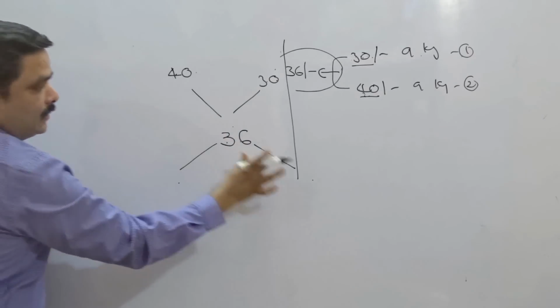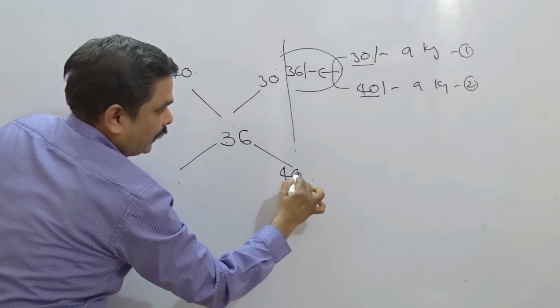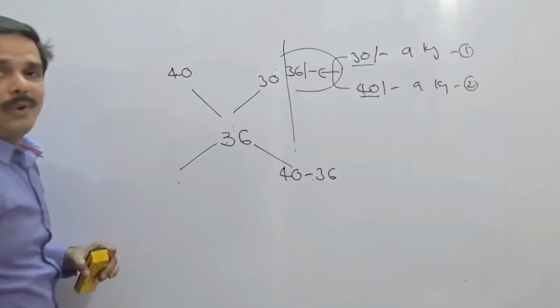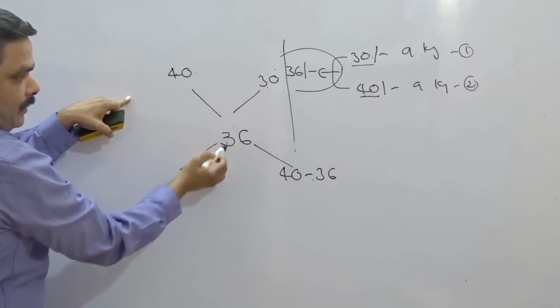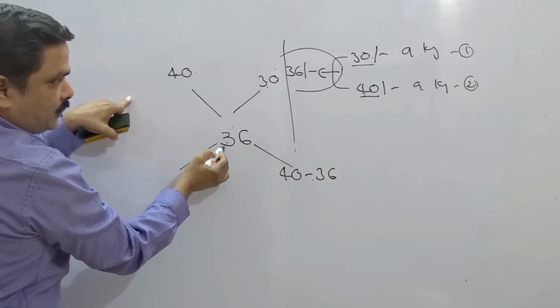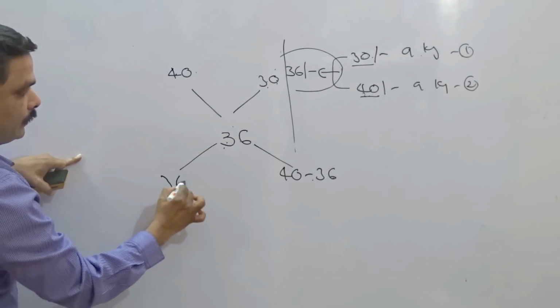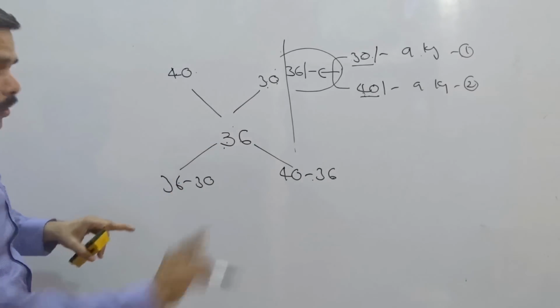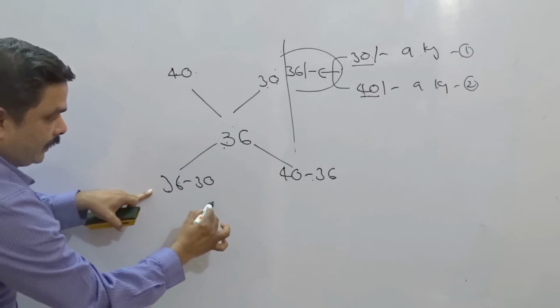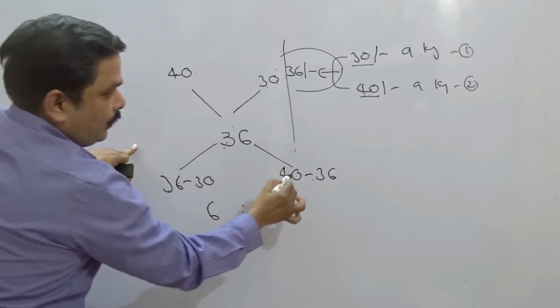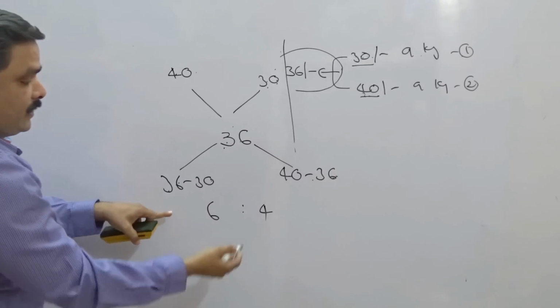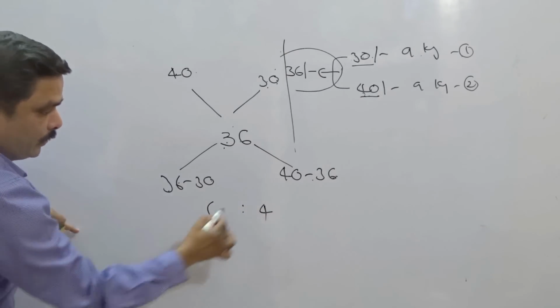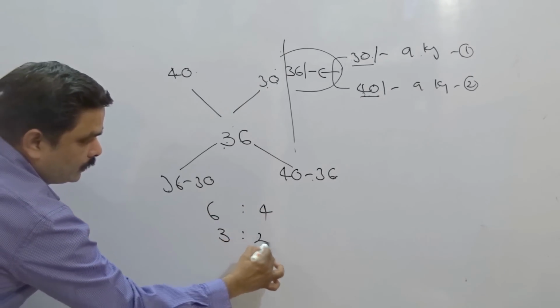Now here the dearer one is 40 minus 36. Then the mean value 36 minus 30. It is 6 is to 40 minus 36, which is 4. If you simplify this to the minimum value, it is 2 3s and 2 2s.